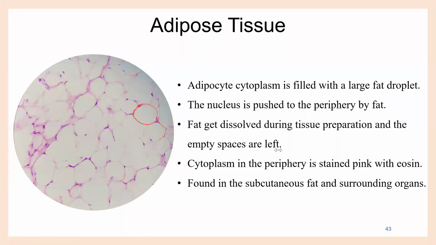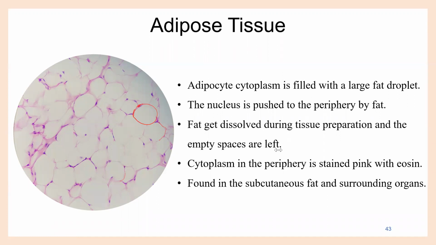Yes, so we are going to give you slides, pictures of microscopic view. If somebody gives you this picture, you may be asked to identify the tissue. So you will write adipose tissue. The second question may be, give reasons for your identification. Then you will say, these are cells filled with a lipid droplet, which is not stained.